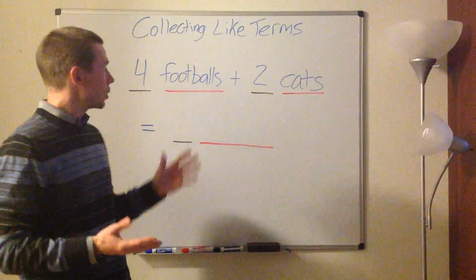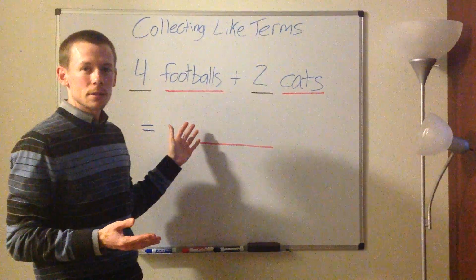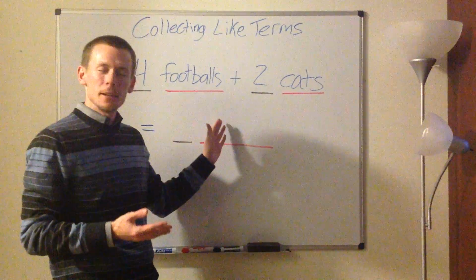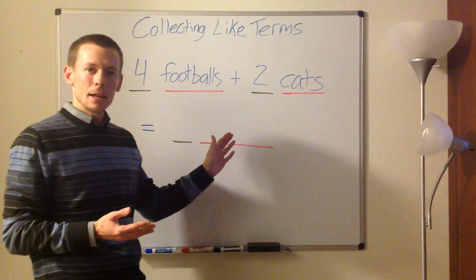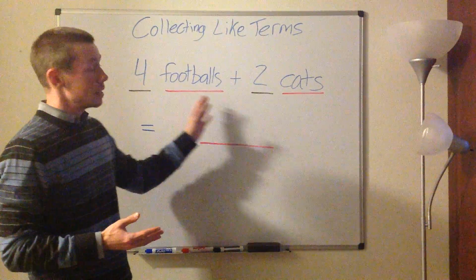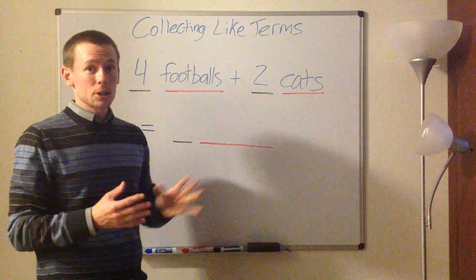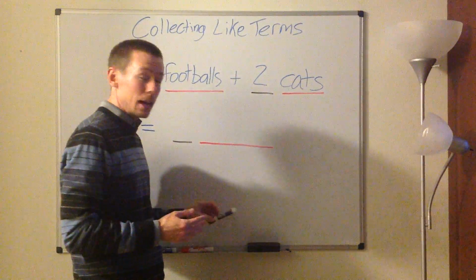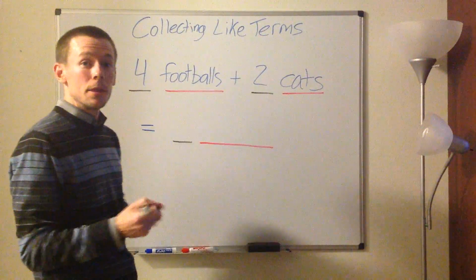Now a lot of people initially want to say 6, and then they try to figure out something to put above this red line, and that's where it gets tricky. This seems really easy, but is actually really difficult and kind of a trick question, because the answer is, there is no answer.